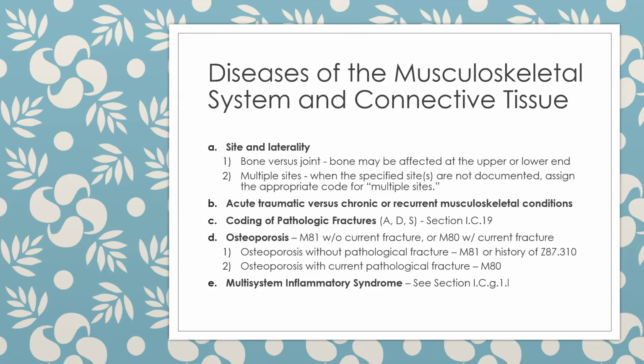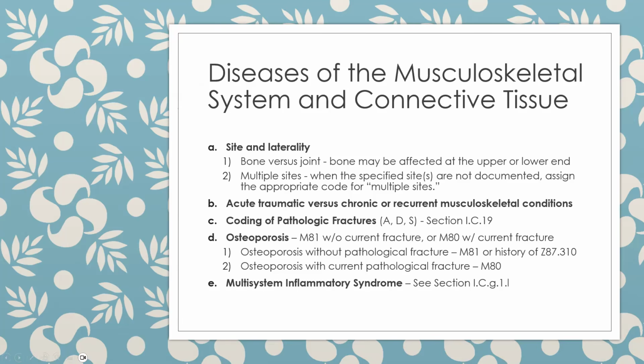Any current acute injury should be coded to the appropriate injury code from Chapter 19. Chronic or recurrent conditions should be generally coded with a code from Chapter 13. If it is difficult to determine from the documentation in the record which code is best to describe a condition, please make sure that you query your provider.